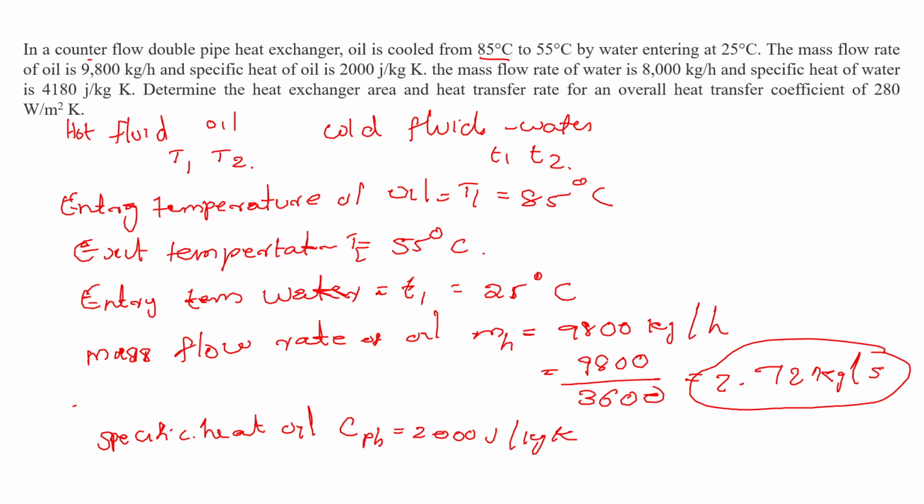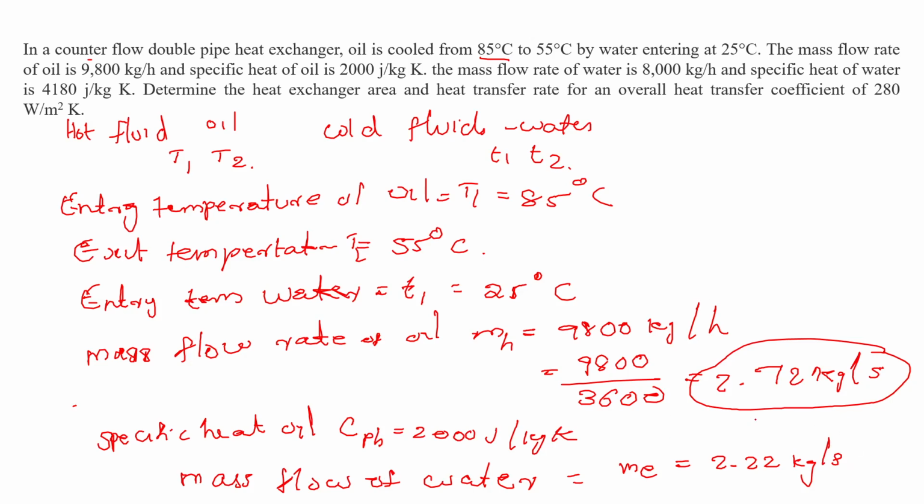Okay, so now we have mH, we have CPH. Now we should know the mass flow of water, which means cold fluid. It is given 8,000 per hour, so converting into seconds, 8,000 divided by 3,600, then mC will be 2.22 kilogram per second.